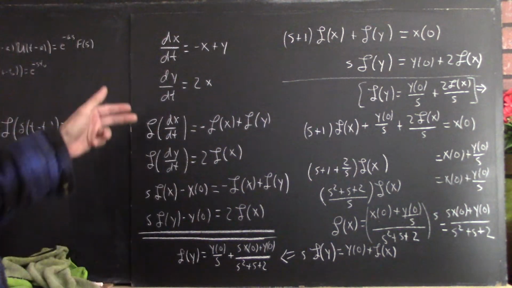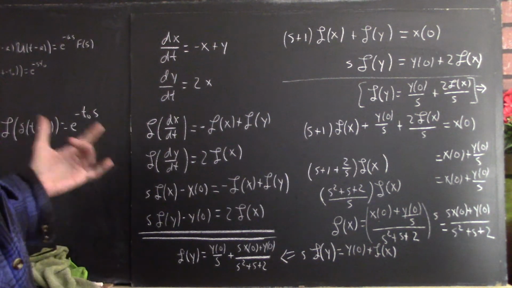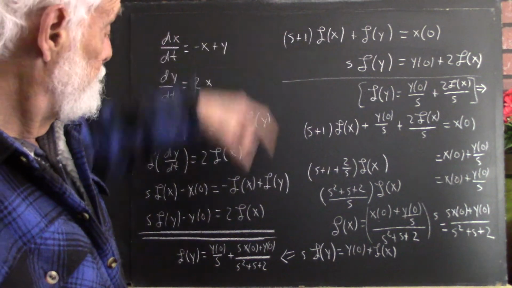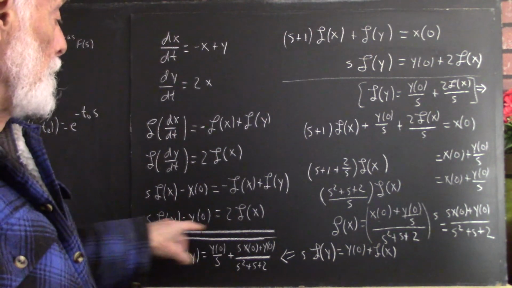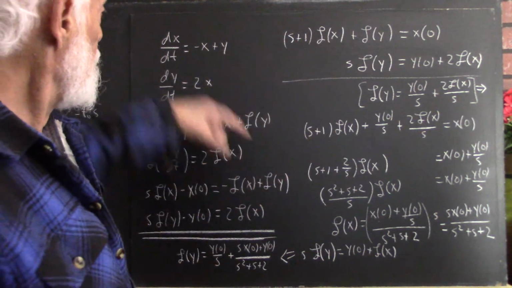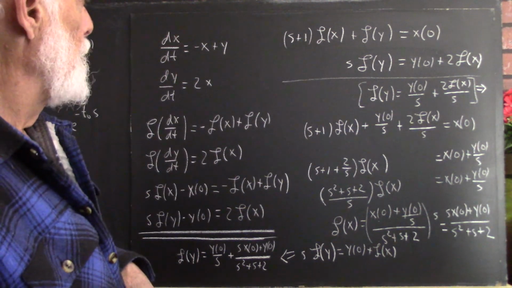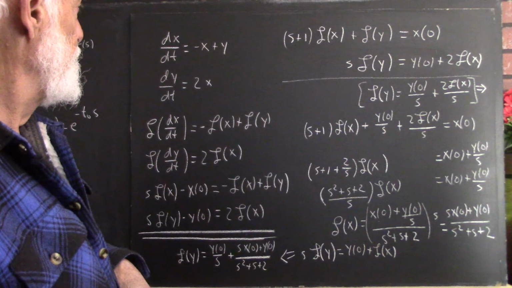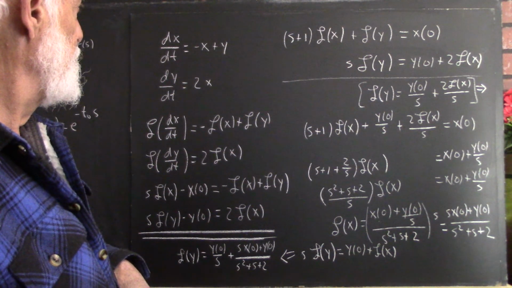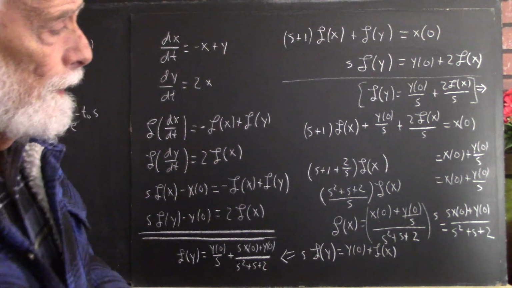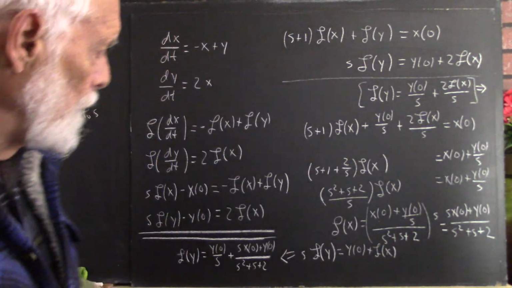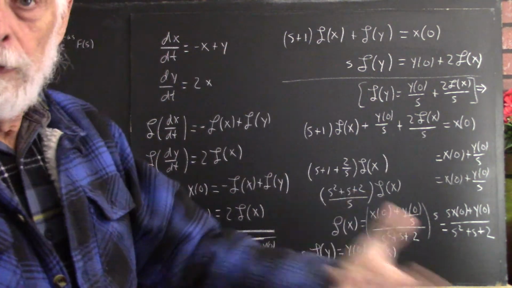Okay, you simply do the Laplace transform, you try to get the algebra right, and you solve for L of y in terms of L of x, plug into the first equation. Yeah, I still don't see the error. And then you just do the algebra and you do your inverse transforms and you get your y and your x functions and you're done.